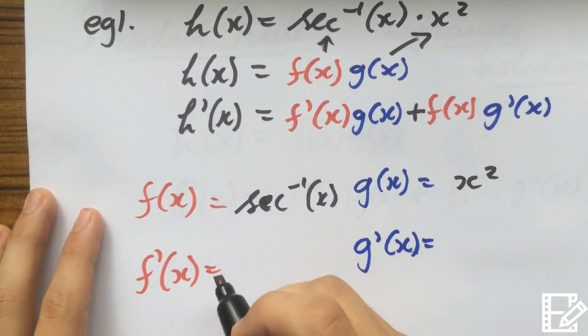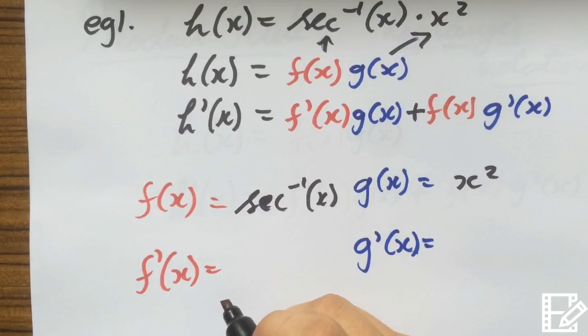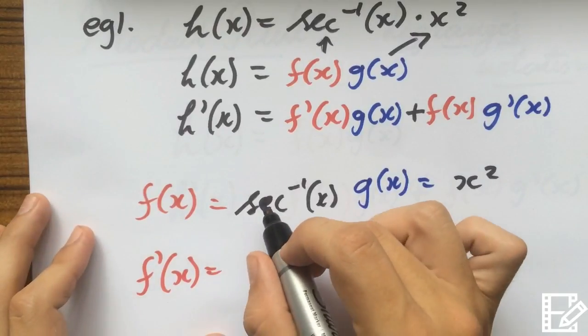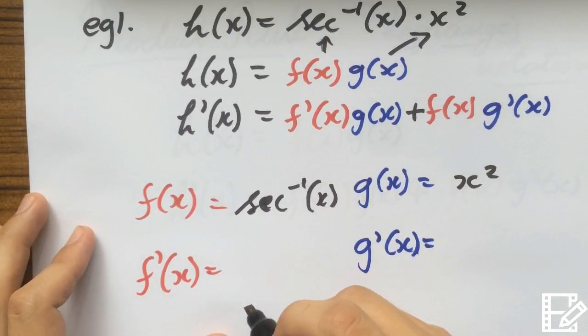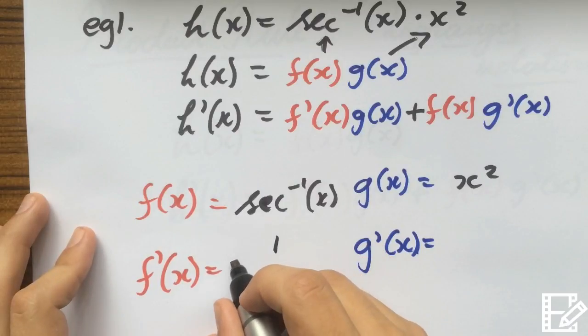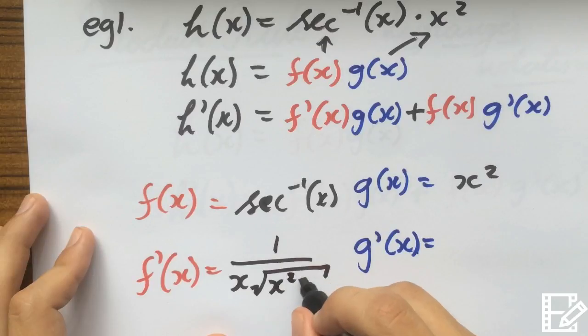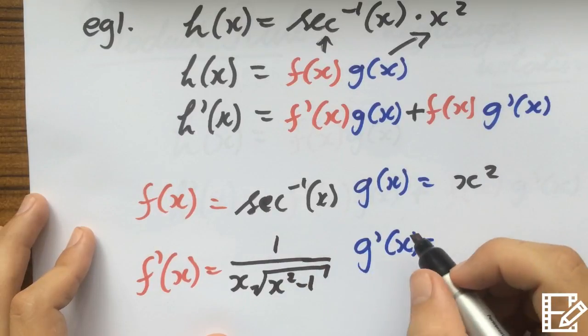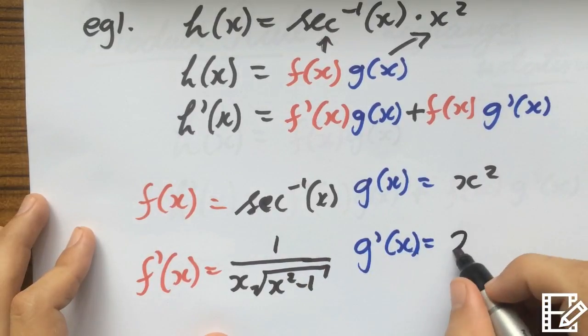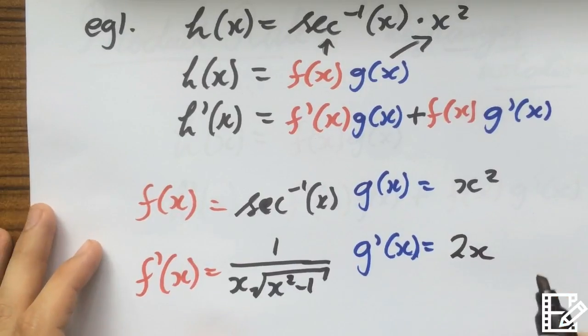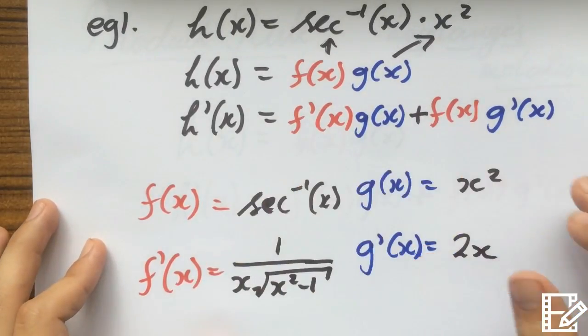Okay, now we're going to find the derivatives. The derivative of the inverse of secant of x is 1 over x square root of x squared minus 1, and the derivative of x squared is just 2x. Now we can fill out this formula.